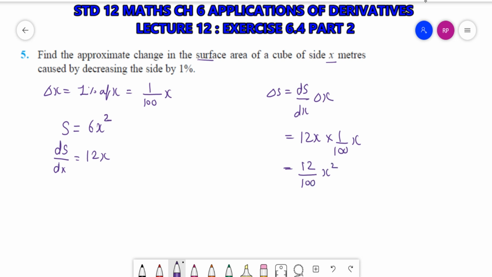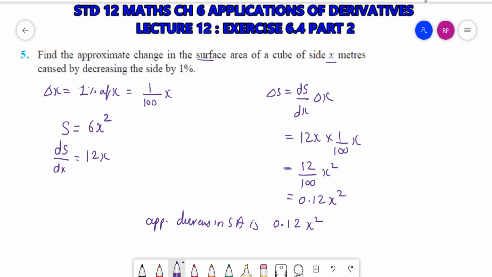So you can write down that it decreases by 12 percentage of its surface area, or 0.12x square. So approximate change, I will say decrease, in surface area is 0.12x square. Clear?